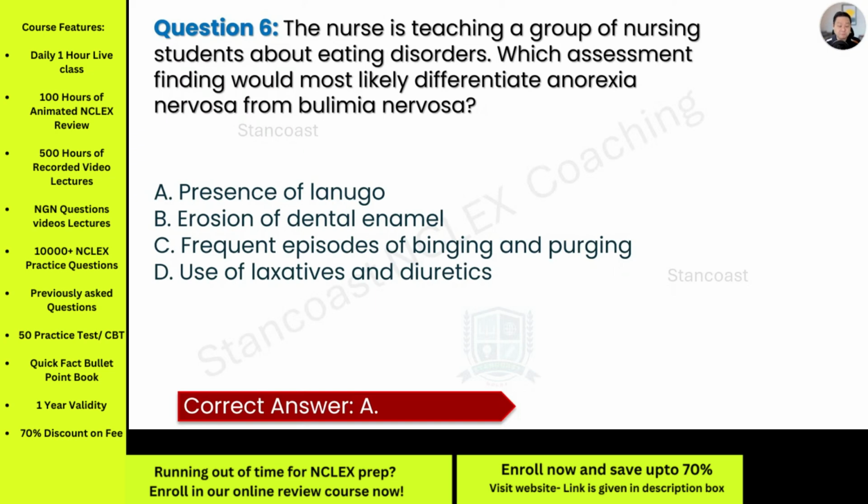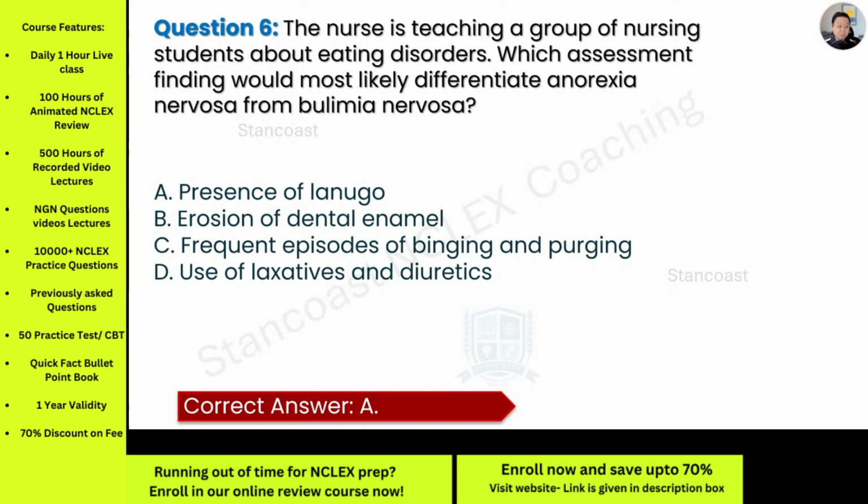of malnutrition. If you selected letter B, this is incorrect because this is more characteristic of bulimia nervosa, and this is due to the frequent vomiting associated with the purging, which will expose the teeth to the stomach acid and also can cause the enamel damage. Now, in anorexia nervosa, dental enamel erosion is not a common finding.